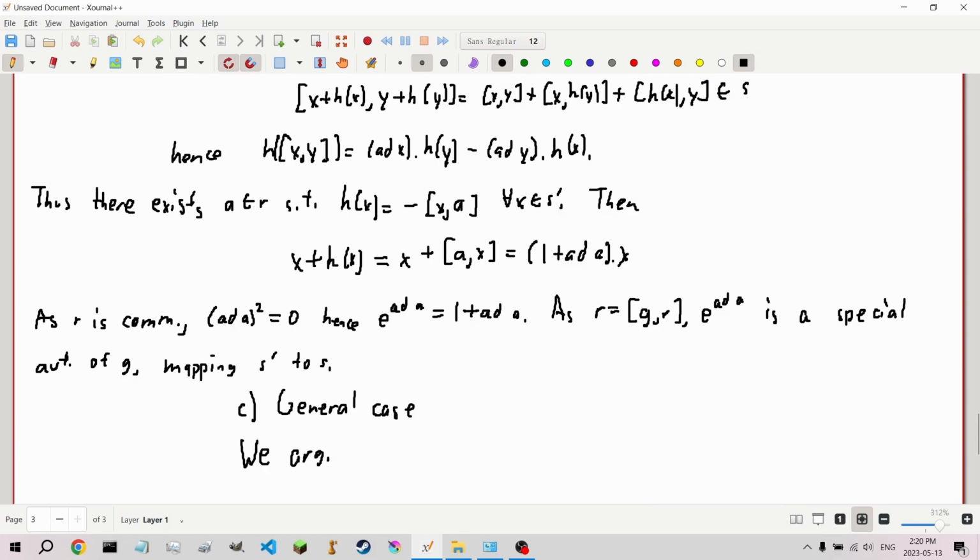We're going to argue by induction on n equals the dimension of the radical, with everything being trivial if n is just 0.